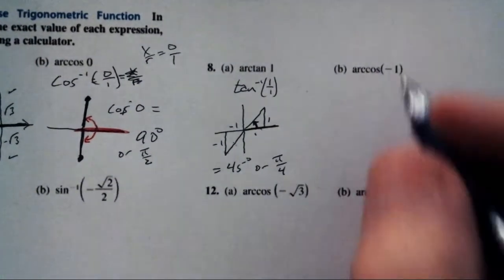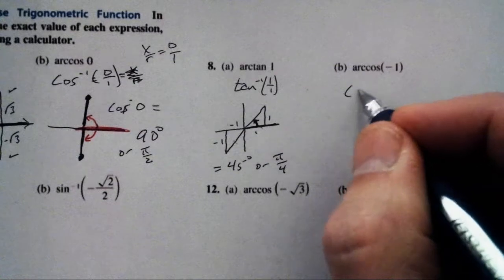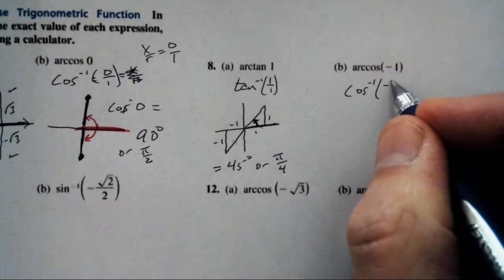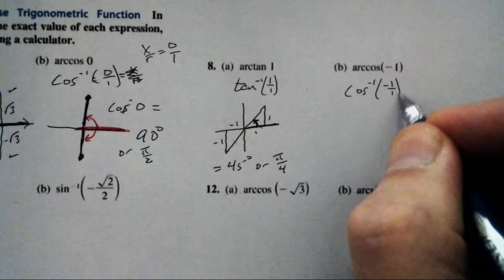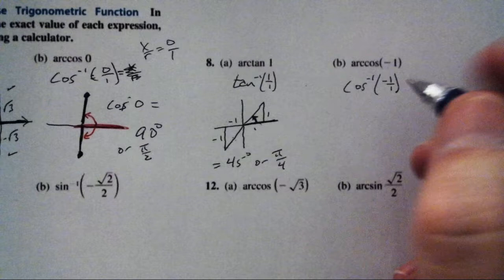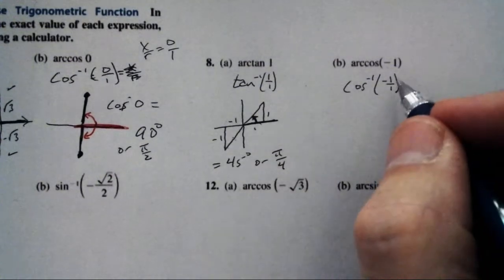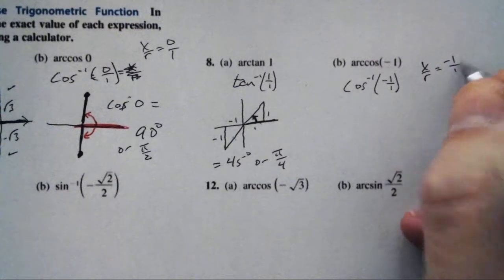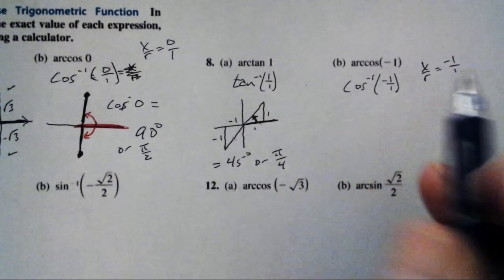Okay. When is cosine negative 1? Well, again, I want to think of that as cosine inverse negative 1 on 1. So when is cosine negative 1? Well, cosine is negative 1 when x on r is negative 1. And that can happen when x is negative 1 and the radius is 1.